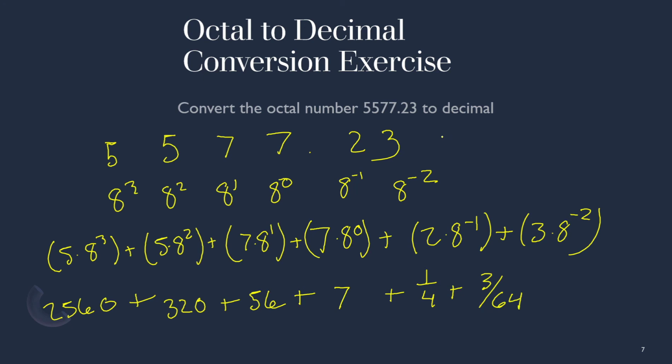Let's add it all up: 2,560 plus 320 plus 56 plus 7 plus 0.25 plus 3 over 64. So 5,577.23 in octal form is 2,943.29 in decimal form.